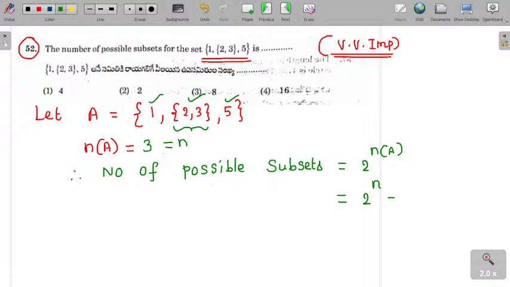Here how many elements? 3. So 2 cube is equal to 8. So the third option is the right option.